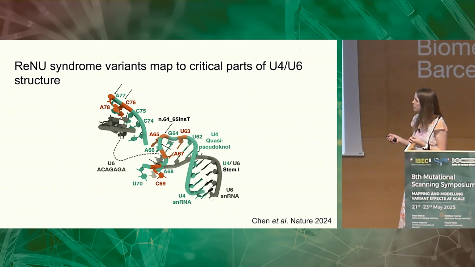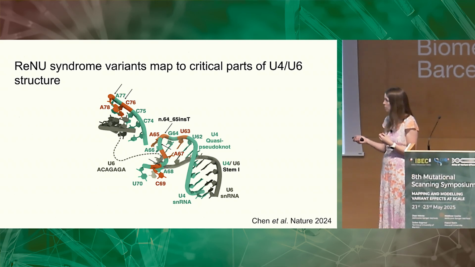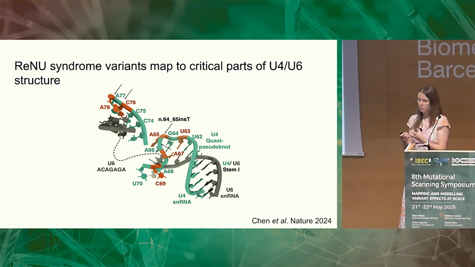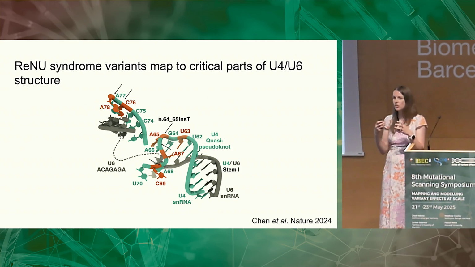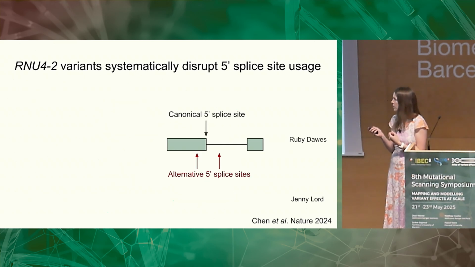This one here is called Stem III, and this one is called the T-loop or the quasi-pseudoknot structure. What these two key structures are responsible for is holding in the correct position this flexible linker sequence here, which is the U6 ACAGAGA sequence, literally sound out the base pairs. And that is the sequence that directly binds to the 5' splice site. So our hypothesis here is that perhaps these variants are disrupting this duplex and in some way disrupting the recognition by U6 of that 5' splice site.